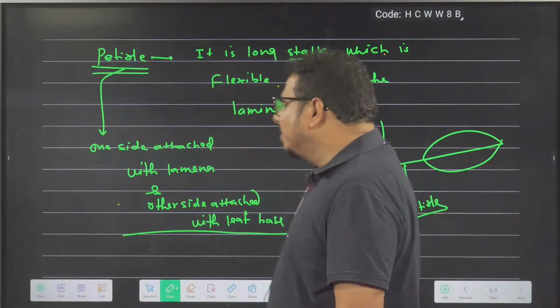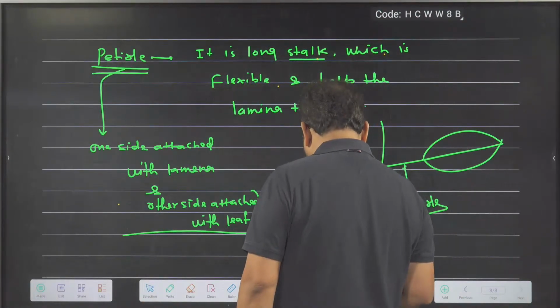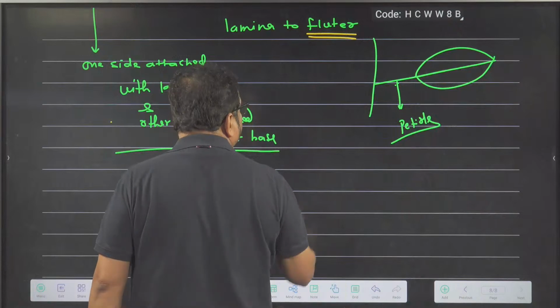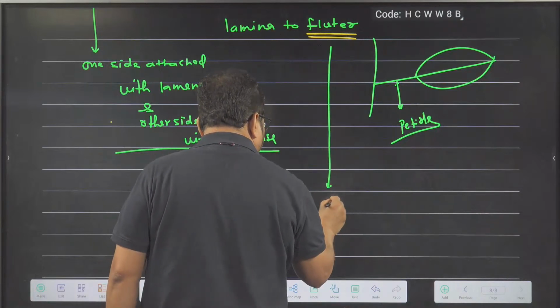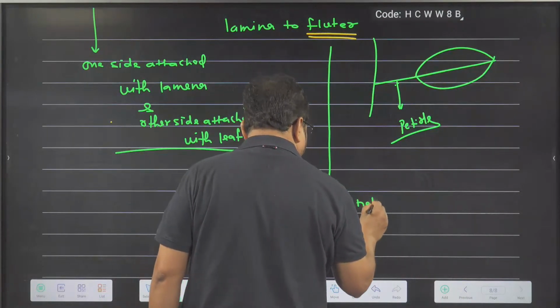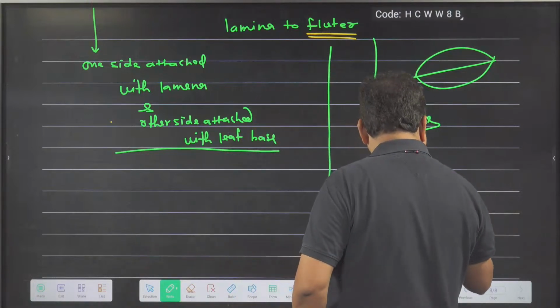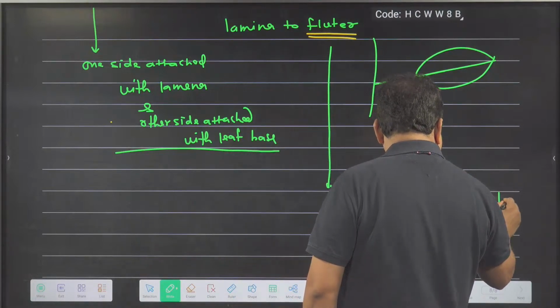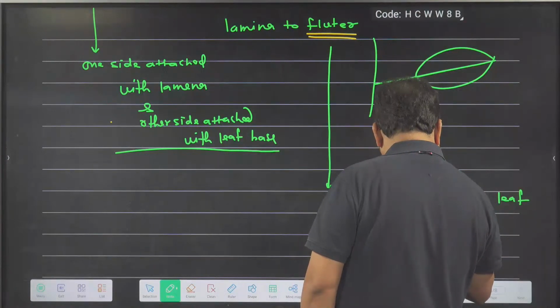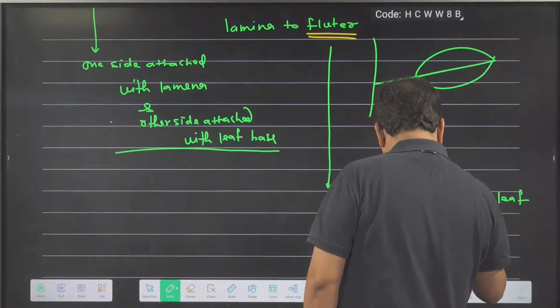Now what is the advantage of fluttering of lamina? It helps in cooling the leaf surface. Got the idea?